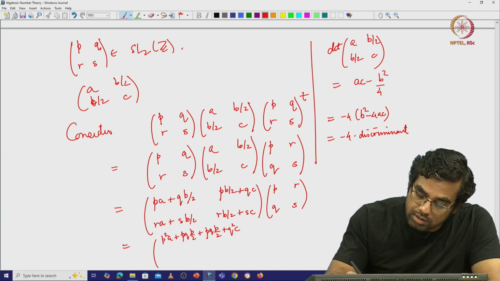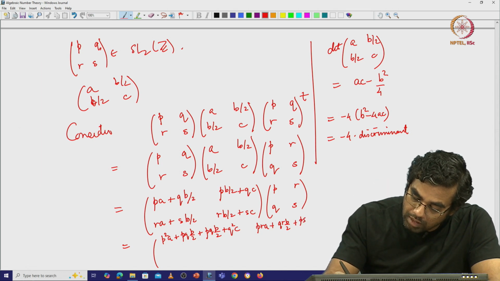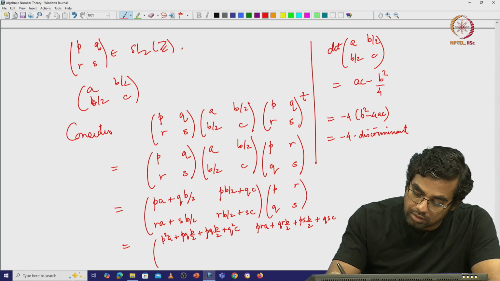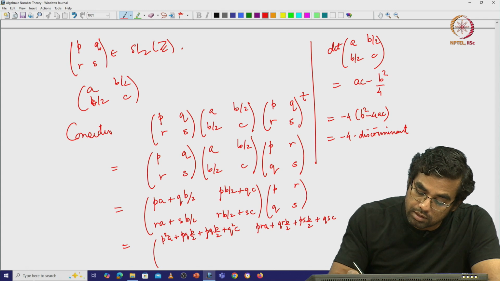So this is p r a plus q r b by 2 plus p s b by 2 plus q s c, and then the same expression will appear here. That is the point, right.